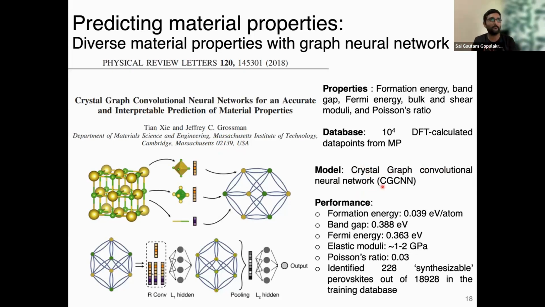That's how this model was constructed. This is basically a schematic of this model. And once the authors constructed these crystal graph convolutional neural networks, they built multiple models for several different material properties and achieved fairly good accuracies for each of those properties. Right. So this is one of the very first implementations of graph networks in predicting material properties.